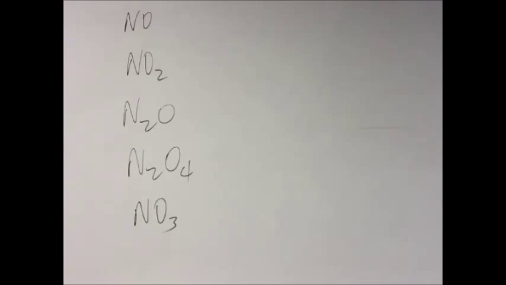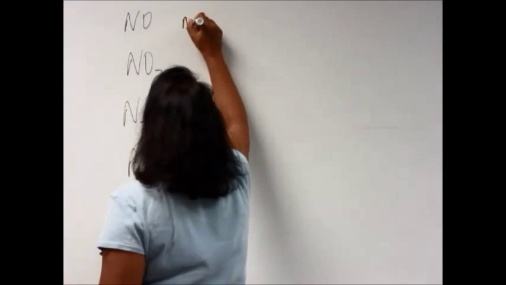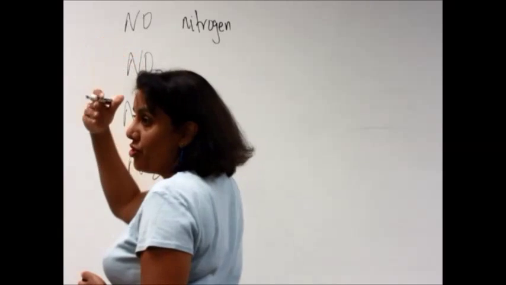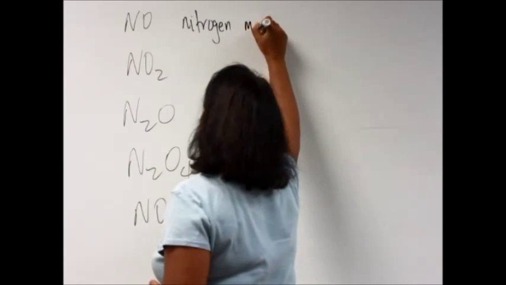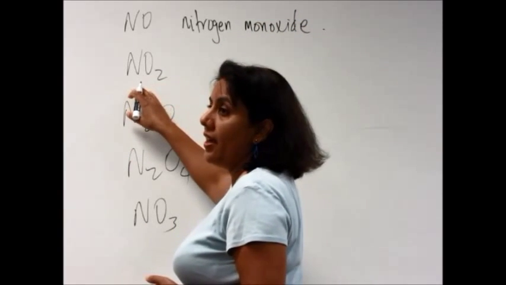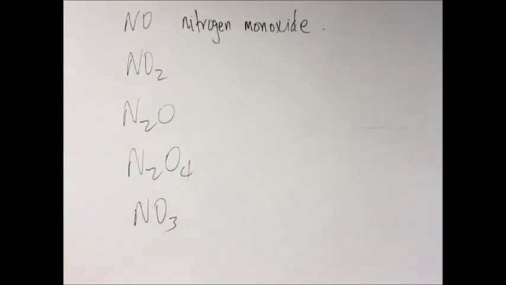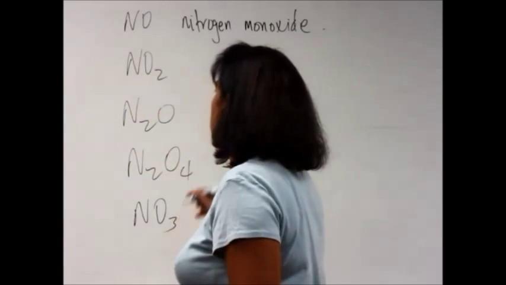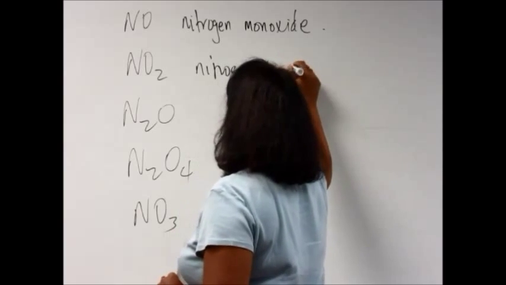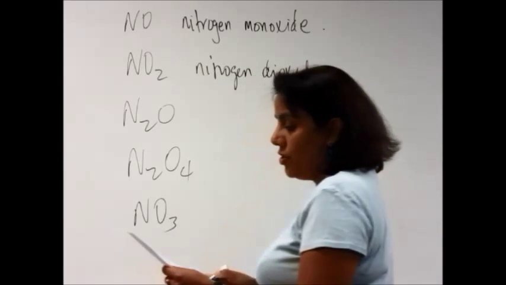Okay, let's see if I remember the names. Nitrogen. Say that again properly. Nitrogen. Very good. All right, nitrogen monoxide and, wait, I have a method for my madness. Dioxide.